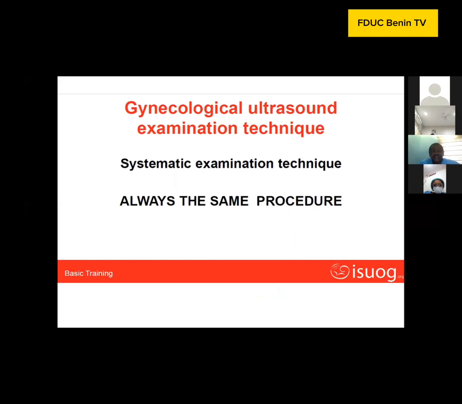Why? Because if you do not apply a systematic scanning technique, you introduce your probe into the vagina and you see a large ovarian cyst. You become extremely excited about the cyst, so you scan the cyst for several minutes, and when the woman has left the room, you realize that you did not scan the uterus and you did not scan the other ovary. That would not happen.